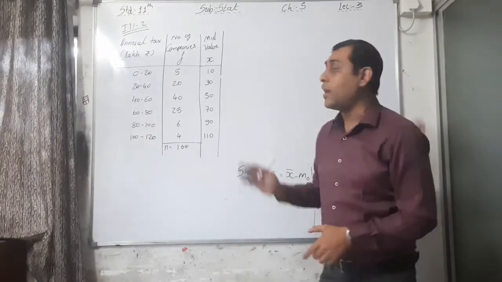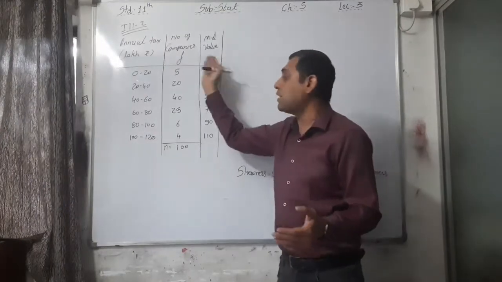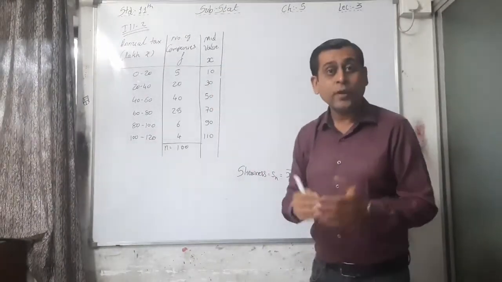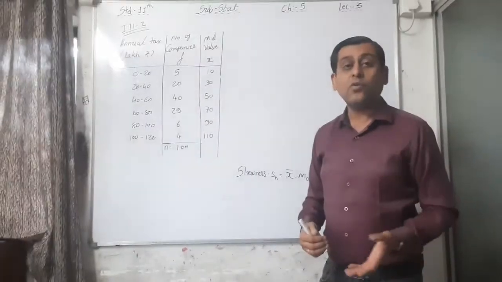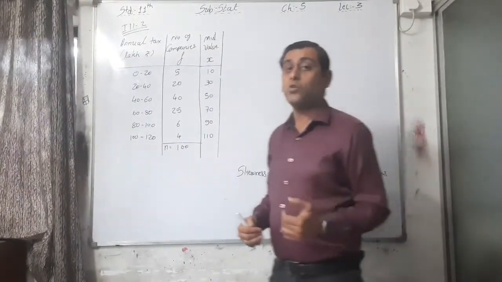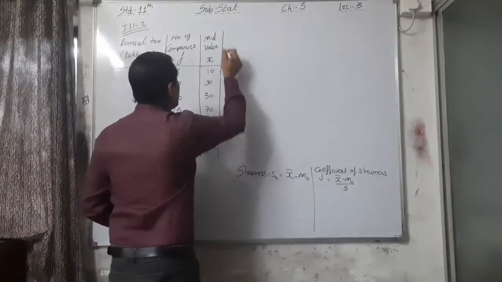That's why we are using the shortcut method. But you can use the direct method, that is F into X, Fx, and sigma Fx upon N, as the formula to find X bar. Here I am taking the shortcut method.